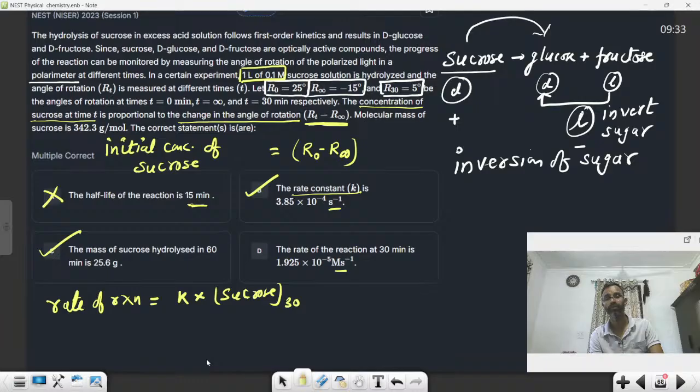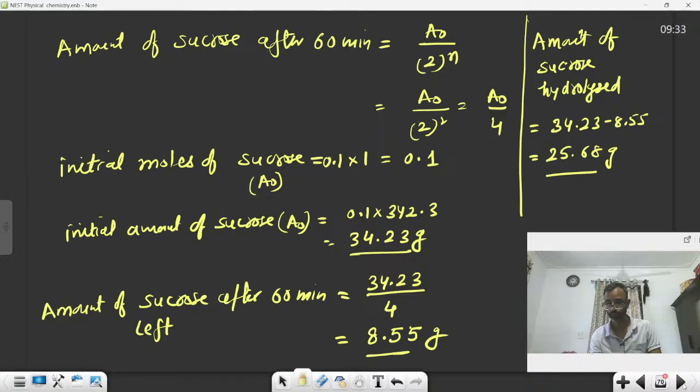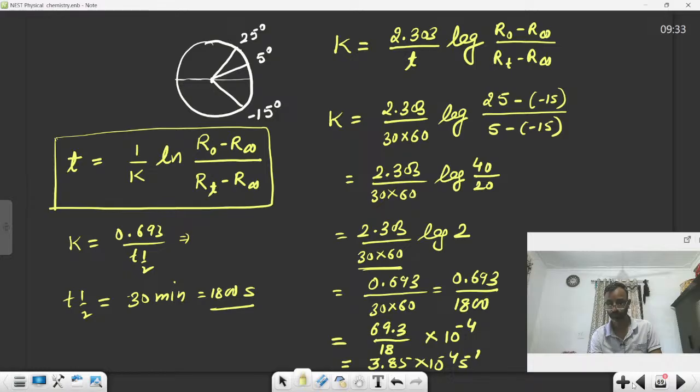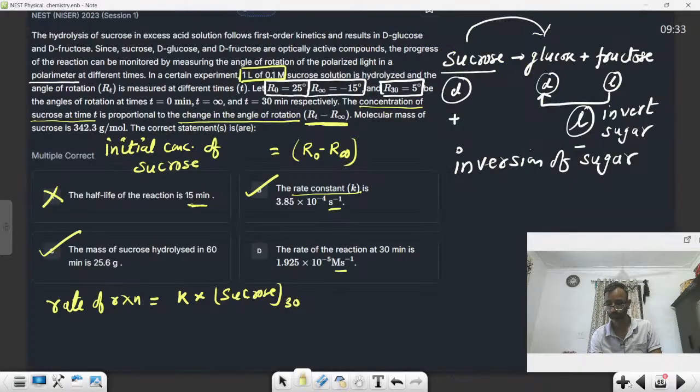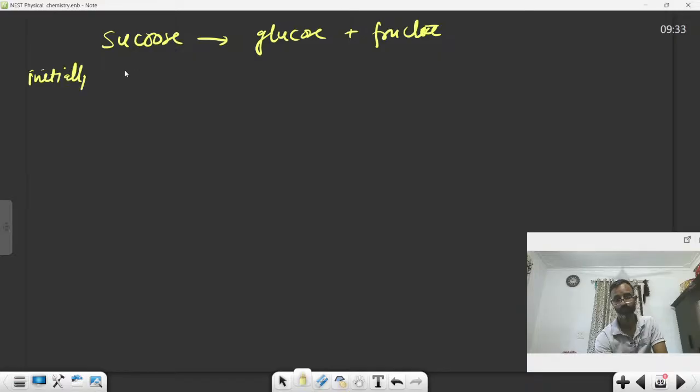Tell me, after 30 minutes how much sucrose is left? Sucrose gives glucose and fructose. So initially we are having 0.1 molar sucrose.